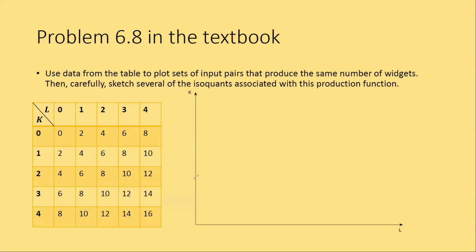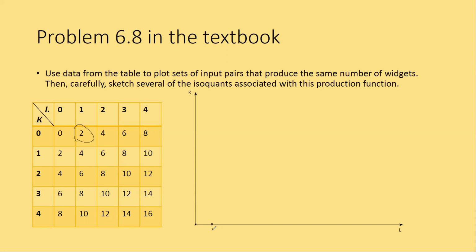When the firm uses 0 units of labor and 0 units of capital, the firm is producing nothing, which is the origin point. When the firm uses 1 unit of labor and 0 units of capital, that is this cell, so that is here at this point. The firm is producing 2 units of output.